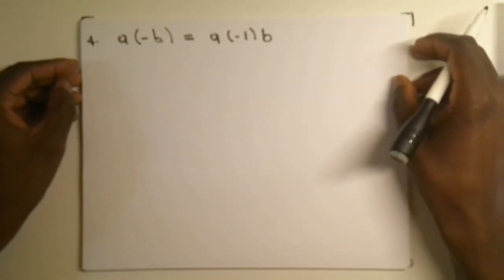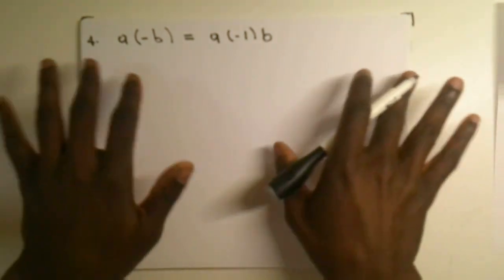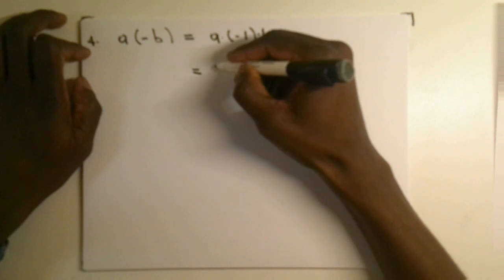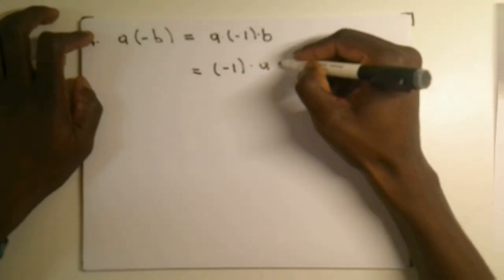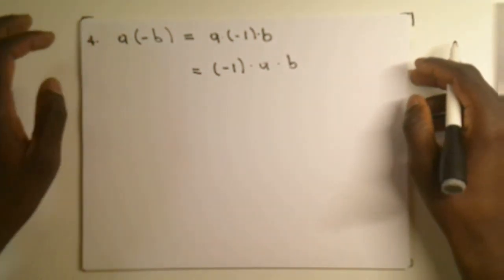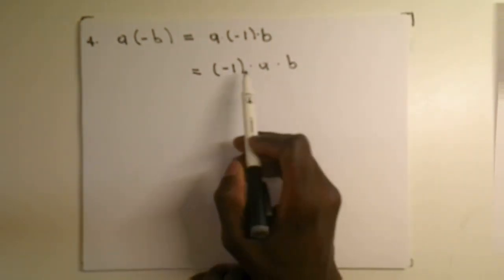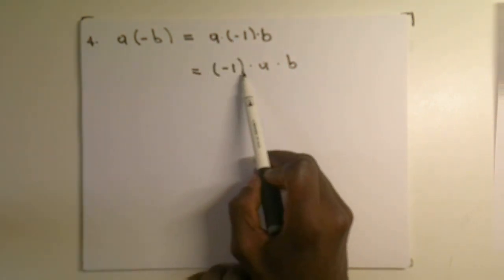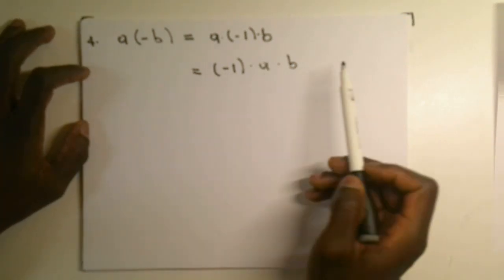And then I'm going to use the language of associative property to rearrange this. So I put negative 1 in the front, and then I say A times B. The typical way of contextualizing this problem is that we always extract the number, and then we place that in the front. And now over here, I have A times B.